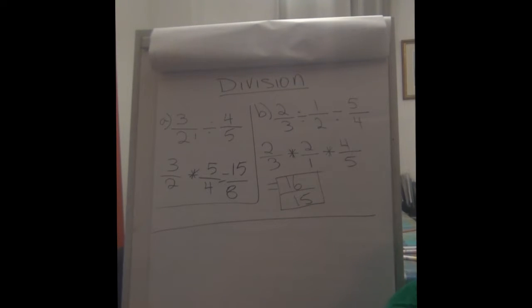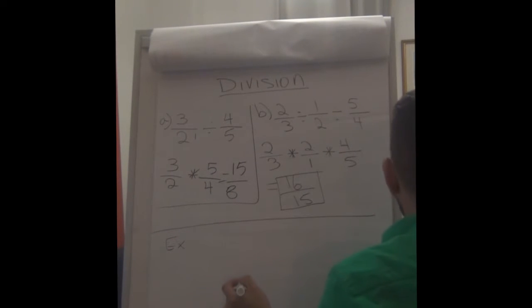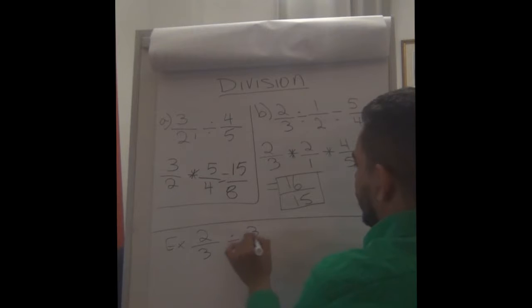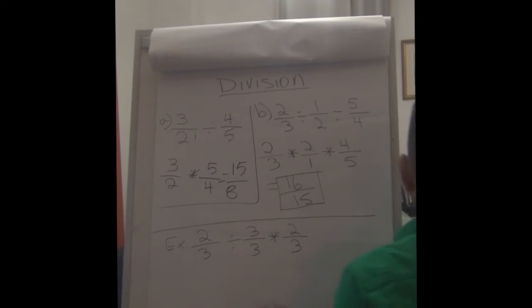Let's say, okay, let's have this example. Let's say you have 2 over 3 divided by 3 over 3 multiplied by 2 over 3. Okay? So let's see how we tackle this problem.